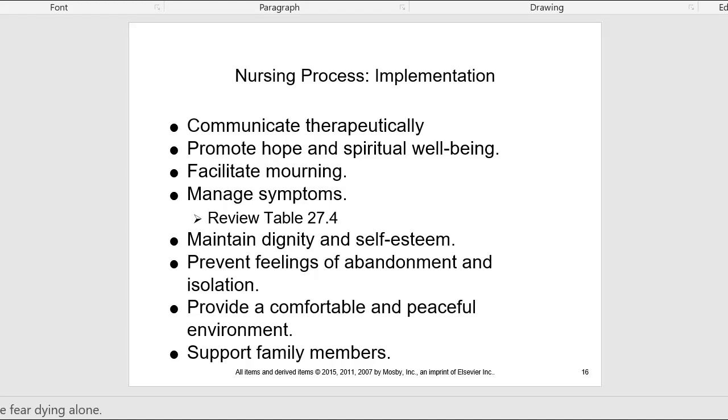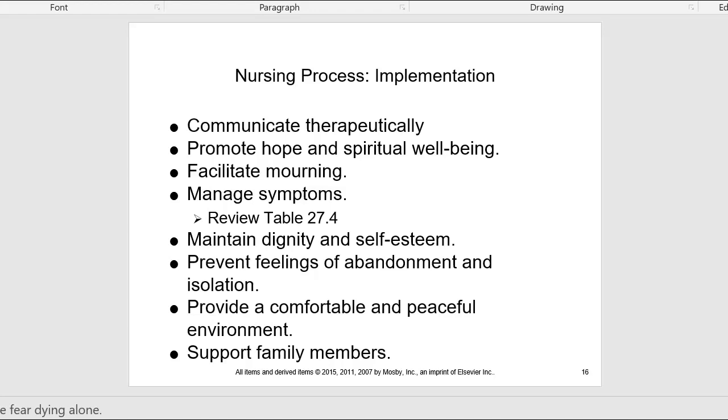We want to facilitate mourning and give people a way to physically grieve over their loved one, whether that be with their religious rites or family traditions, however that can help somebody. Manage symptoms. So we talked about symptoms, physical symptoms of a patient who is dying, or also the symptoms of grief that we talked about earlier.